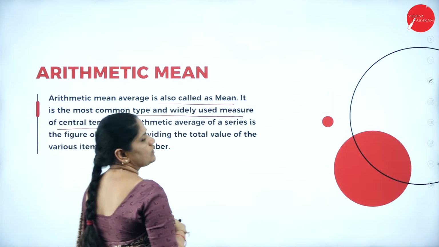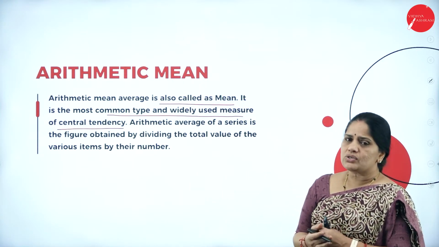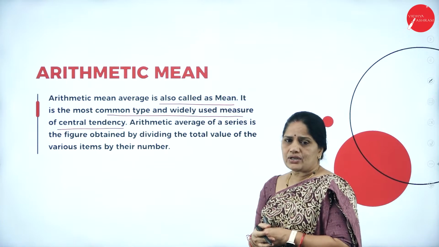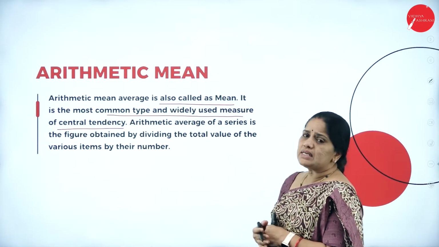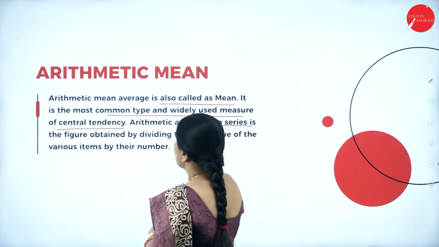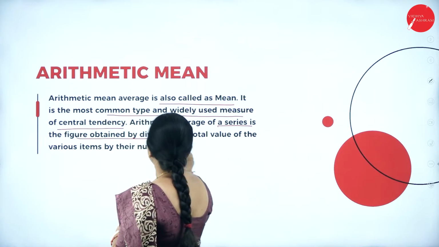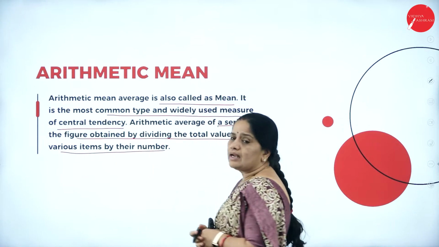This kind of mean or average is the one most commonly used by everybody. It is very simple to calculate, easy to understand, and also a good representation of the values given. The arithmetic average of a series is the figure obtained by dividing the total value of the various items by their number.